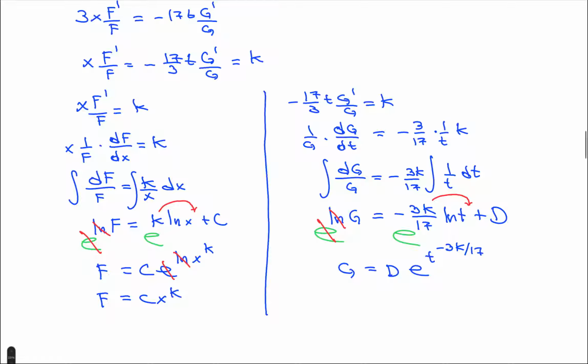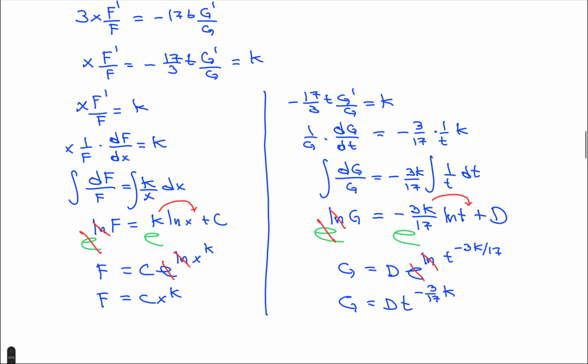Forgot the ln over here. Okay, need to make some space. E to the ln, and finally, let's cancel e with ln. And that's going to leave us with g equals d t to the negative 3 over 17 k.